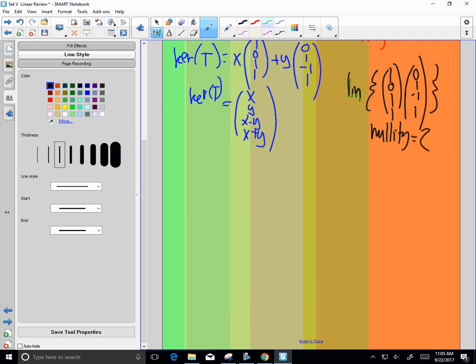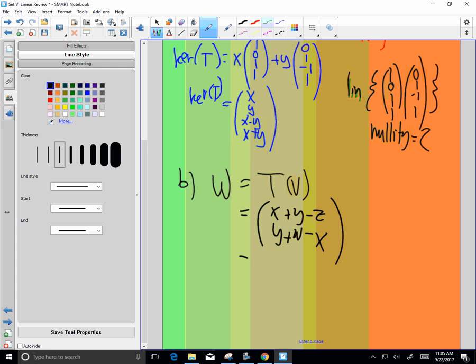And then for the range, watch the video. I'm going to keep going here. So T of B is equal to X plus Y minus Z, because it's 2 dimensions, Y plus W minus X. And then you just say, oh, it's X times 1, 0 plus Y times 1, 0 plus minus Z times 1, 0.